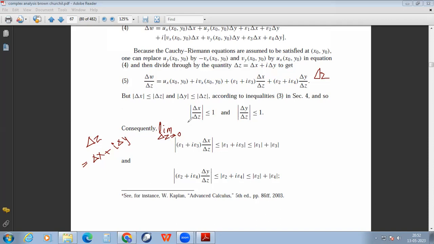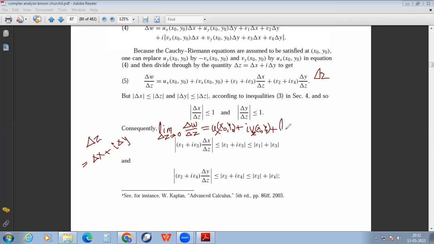What will happen to the right side of this? You have this in your notebook. So to this side, there is no effect here. This part will continue: ux at x naught y naught plus I vx at the same point x naught y naught, and plus this limit will be applied to the remaining part.